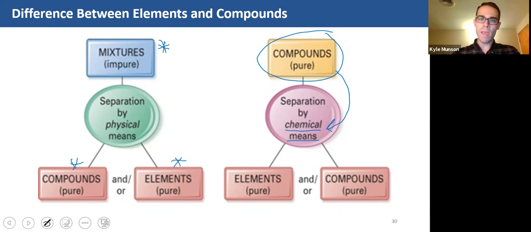And through chemical means, I could separate those compounds into other compounds or into elements, okay? So that's the difference there. Impure mixtures are separated by physical means. Pure compounds are separated by chemical means, okay? So I'll say that again. Impure mixtures are separated by physical means. Compounds are separated by chemical means.